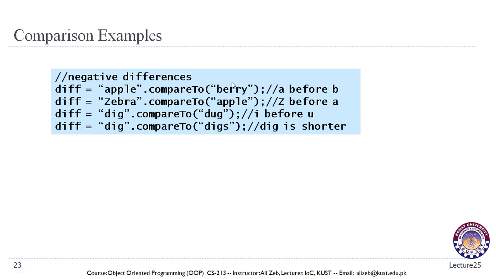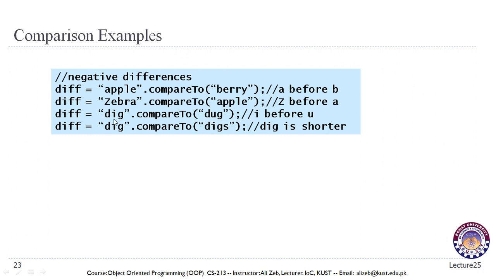So apple compared to berry should return a negative number, and zebra, the capital Z, comes before the small a. That is how you are going to compare it.